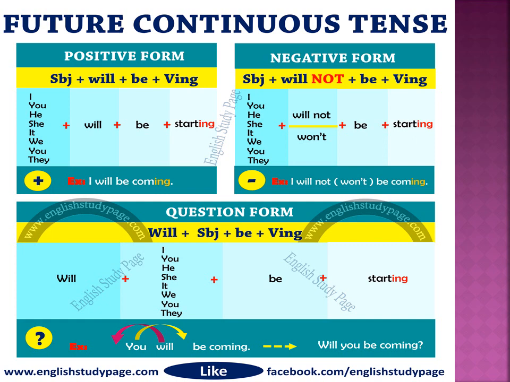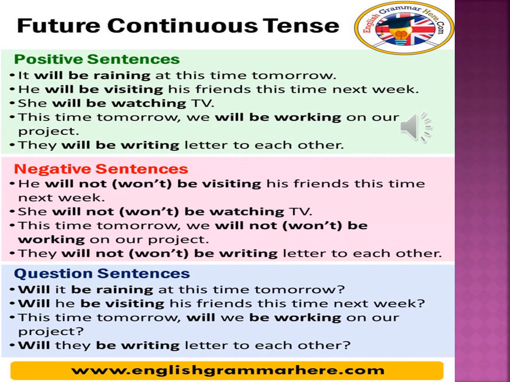Examples are given in this slide, so kindly read the examples. Children, kindly go through these examples of future continuous tense carefully so that the structure of future continuous tense is clear to you all.